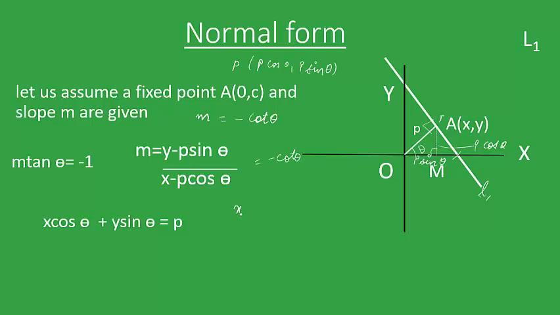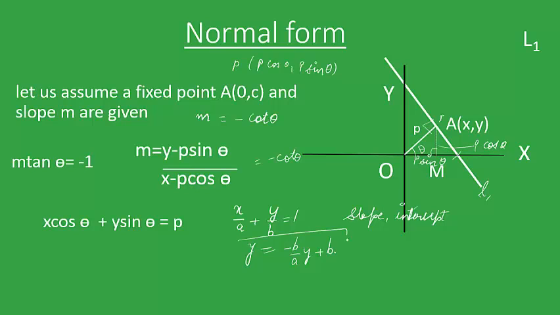Let's say we try to convert the intercepts form, in which we are given both the intercepts, to the slope intercept form, in which we are given only the slope and a y-intercept. We can easily convert it by multiplying by b and taking x by a into b to the RHS. We have this particular form.